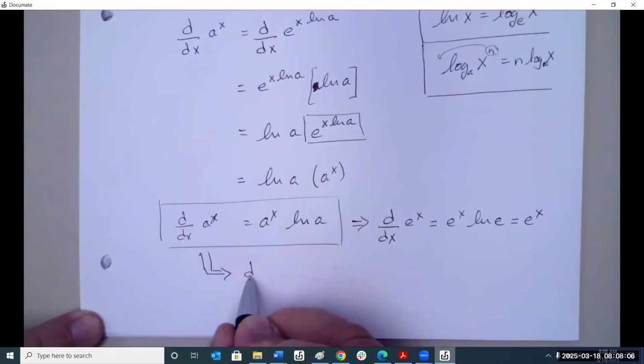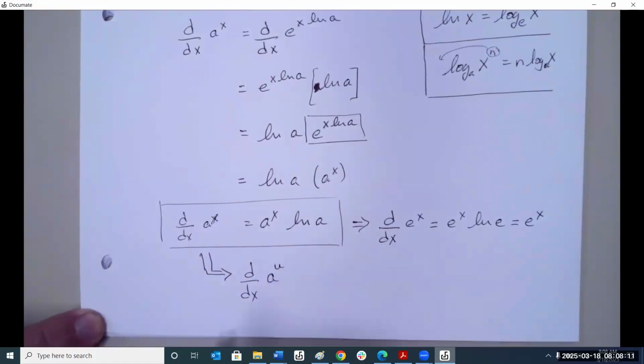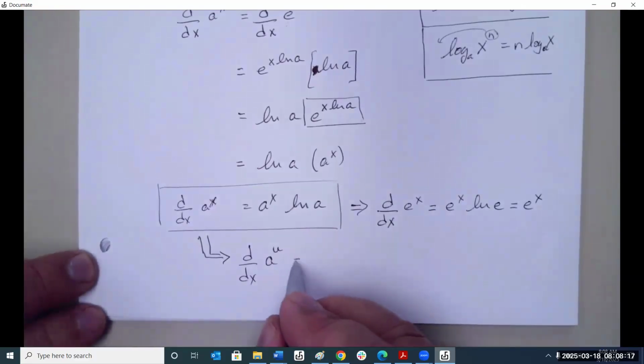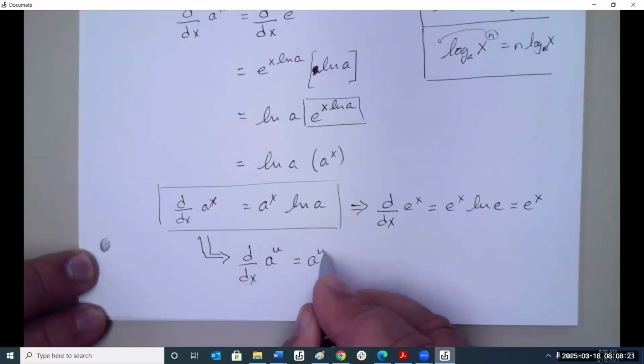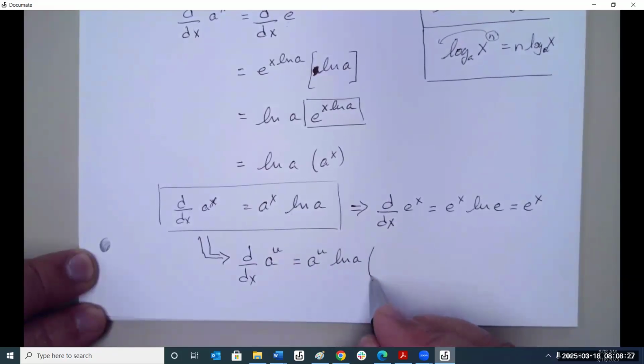What if we had an equation where u is a function of x? Okay, it's the same thing. It's a to the power u times ln a times the derivative of the exponent, du dx.